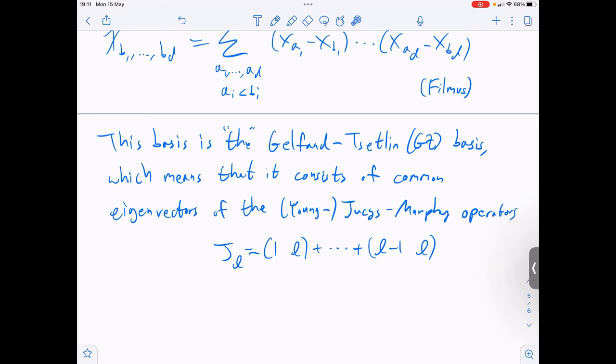And this basis here that you see, it's an eigenvector of all of these operators. And you can describe the eigenvectors explicitly. It's not very complicated, but we won't do it here. So this is some kind of canonical choice of basis, which is canonical only up to an ordering of the numbers 1 to n, and of course up to a constant multiple.